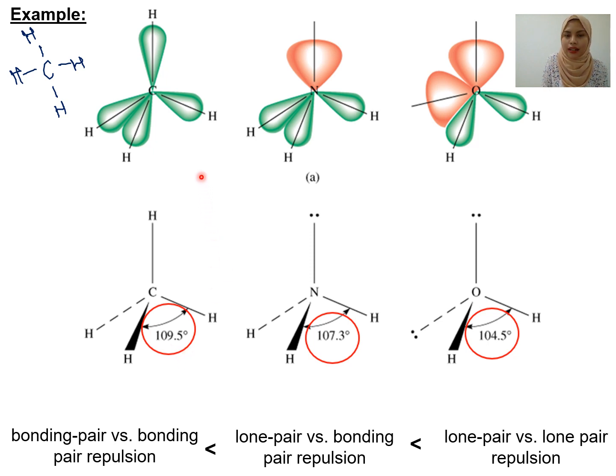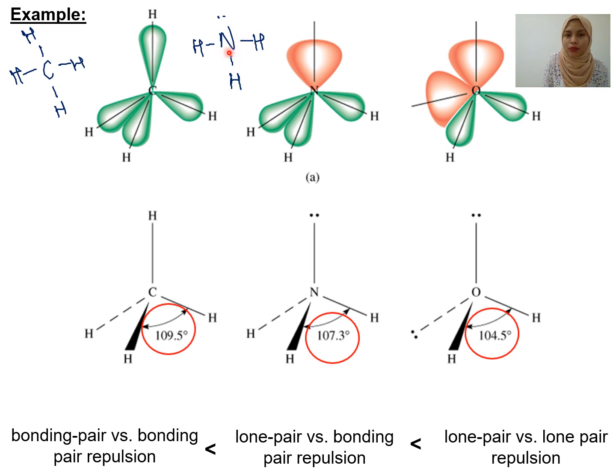Okay, and then if you look at NH3, if you draw the Lewis structure of NH3, you will know N has 1 lone pair and 3 bonding pairs. If you want to know the shape of your NH3 molecule, you have to count together. The lone pair is counted as an electron pair for this central atom. So there is 1, 2, 3, 4.